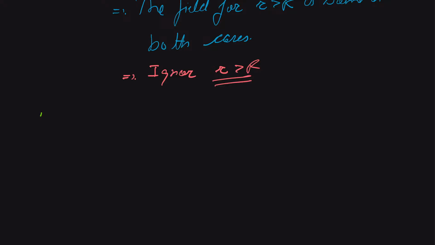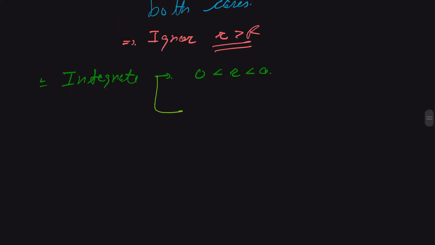Therefore, we integrate first when our point lies between 0 and A, and second when the radius lies between A and capital R.